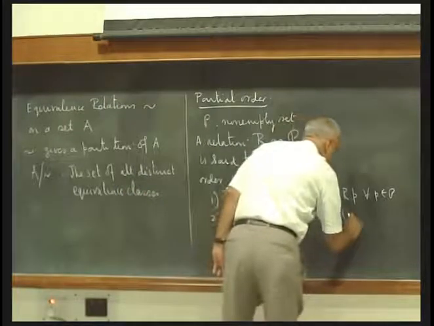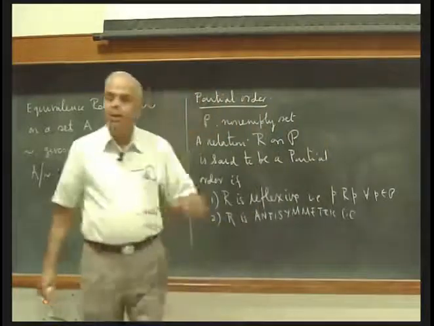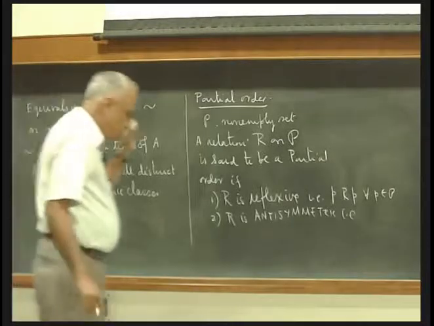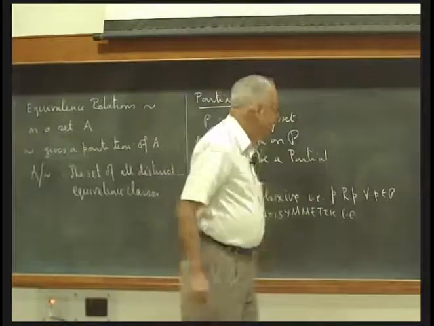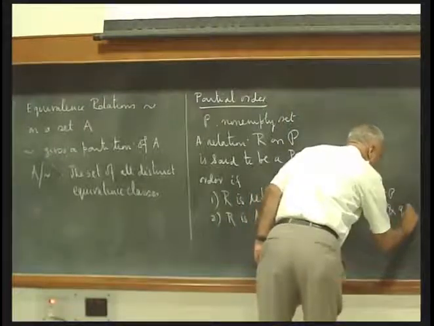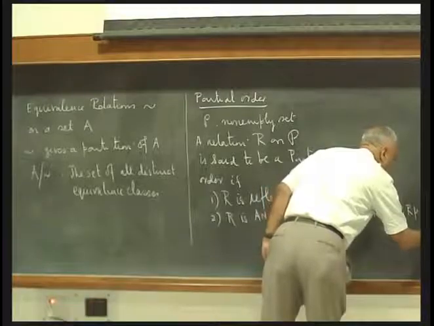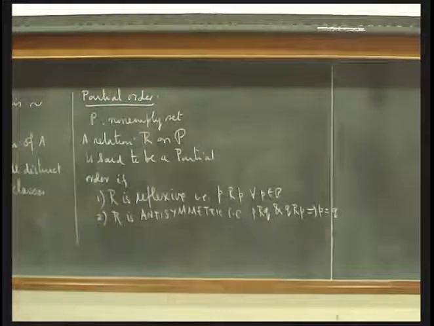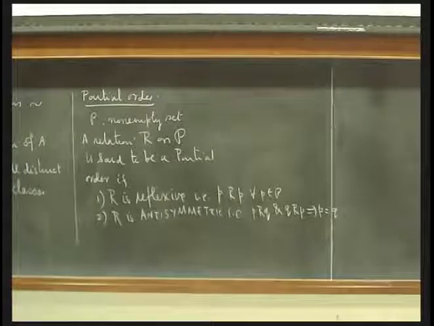That is, in the equivalence relation, P R Q implied Q R P. But now, both can happen only when P equals Q. That is, P R Q and Q R P implies P equals Q. It doesn't mean that whenever P equals Q you will get P R Q. It says, if at all it happens, it can happen only in the case of P equal to Q. Okay, remember that.